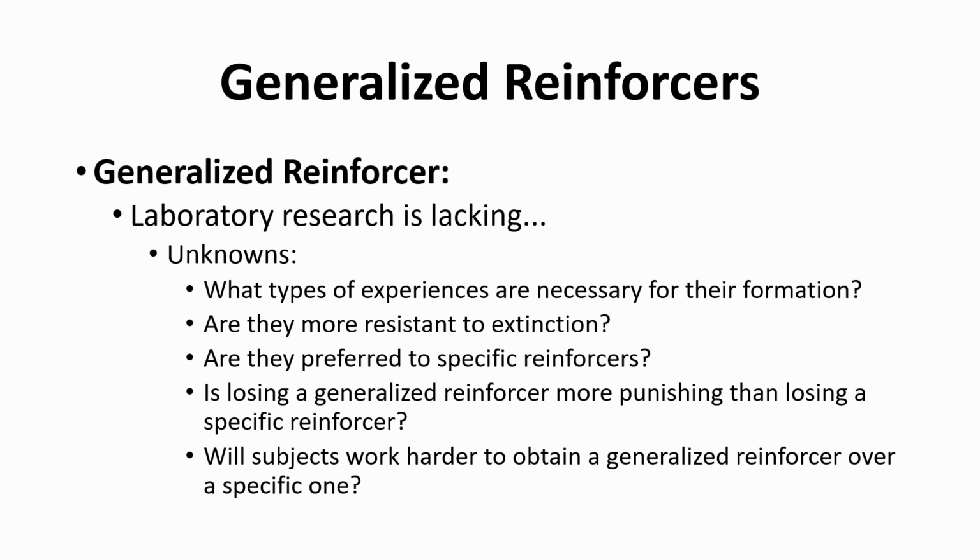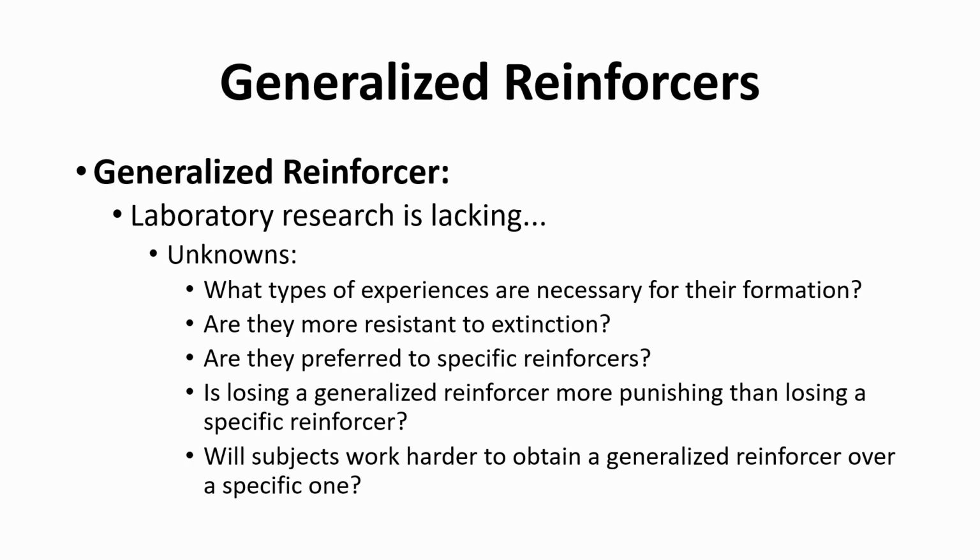Is losing a generalized reinforcer more punishing than losing a specific reinforcer? So if you lost money, is that more or less punishing than if you lost a more specific reinforcer, like one of the tokens we're going to talk about later on? And will subjects work harder to obtain a generalized reinforcer over a specific one?